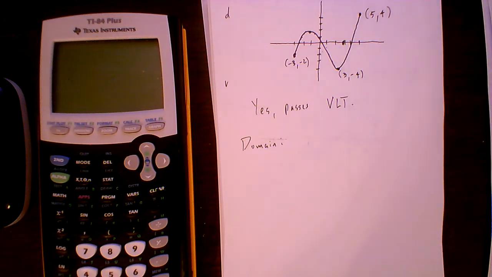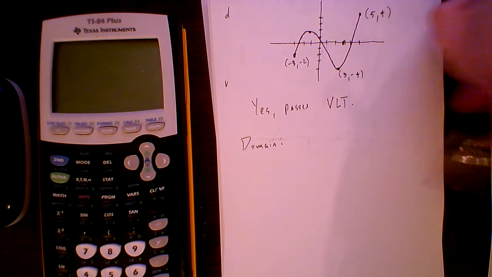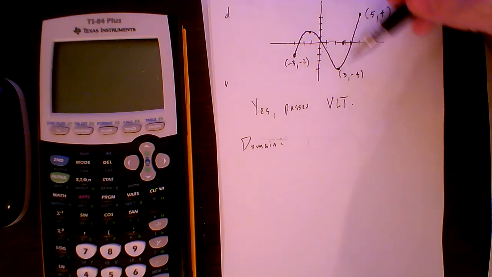Okay, so what we're going to do to get our interval that represents the domain of this function is work our way across the graph from left to right. Remember, when we talk about domain, we're talking about input values. We're talking about x values. We know our x values run from left to right, getting from smaller to bigger, and that's what we want to do with our curve here.